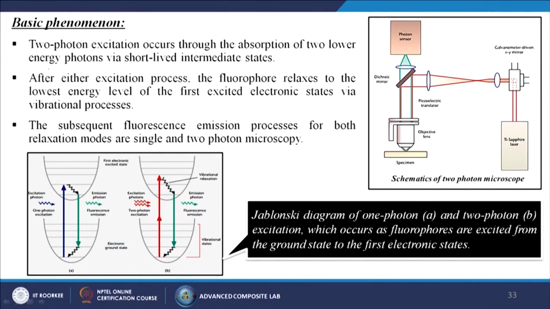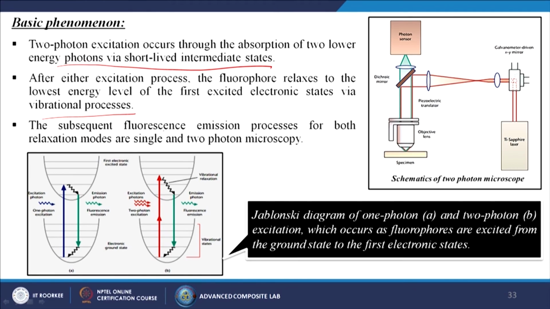So, the basic phenomenon: two-photon excitation occurs through the absorption of two lower energy photons via short-lived intermediate states. After either excitation process, the fluorophore relaxes to the lowest energy level of the first excited electronic state via vibrational processes.